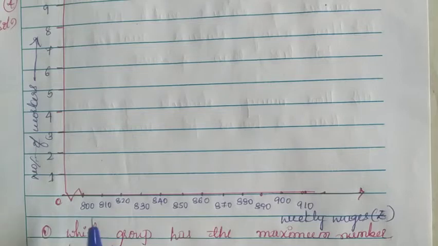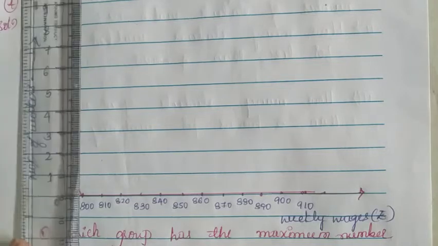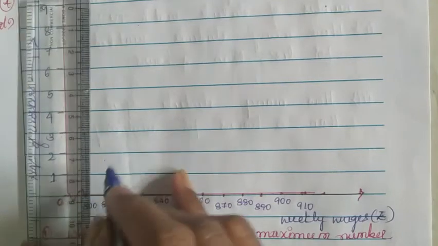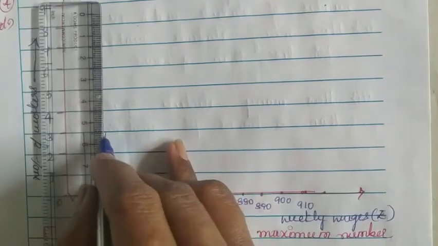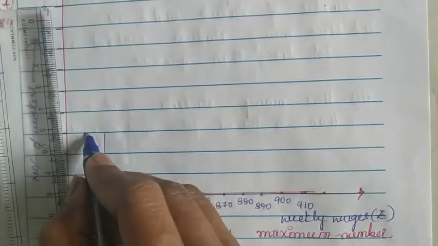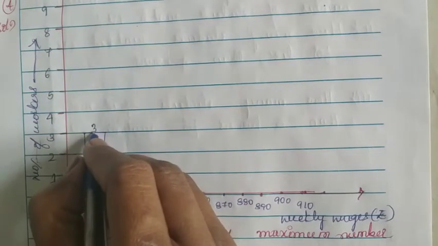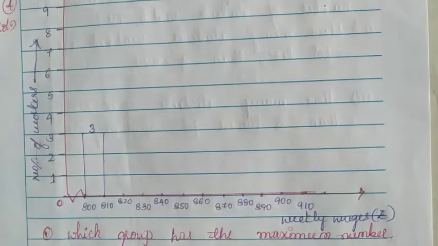The first group is 800 to 810. In that group, the frequency is 3. Okay children, now let us draw the bar of height 3 at the group 800 to 810. This is 3. Yes.